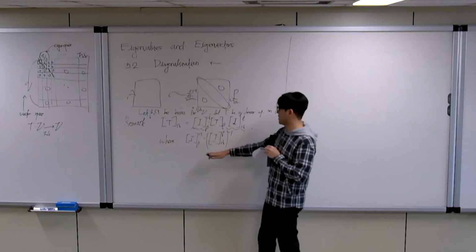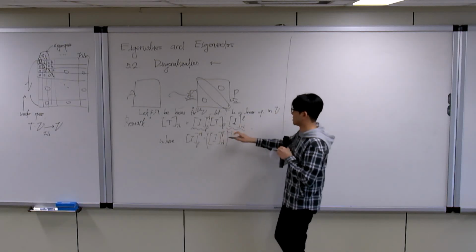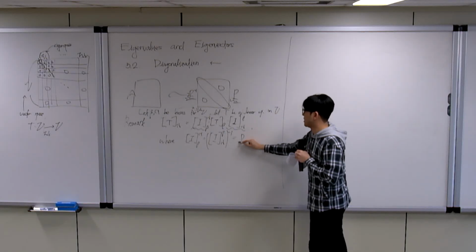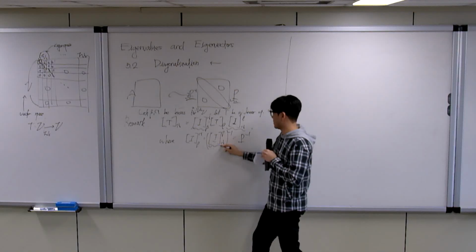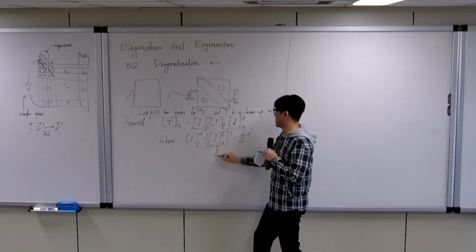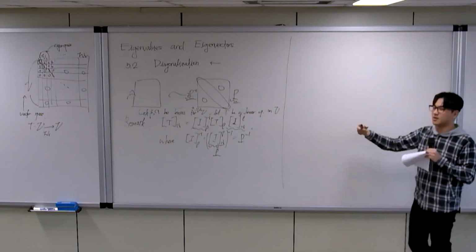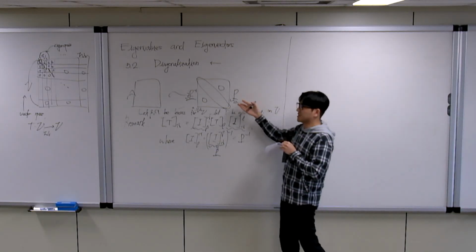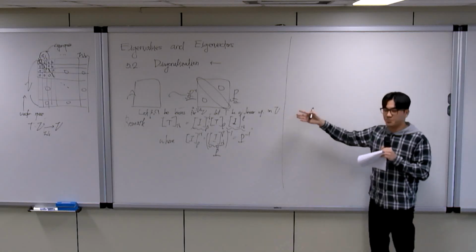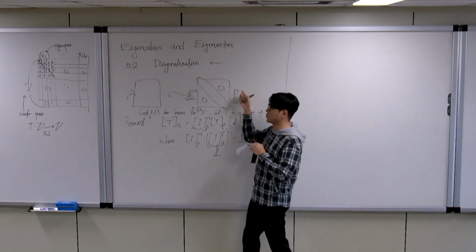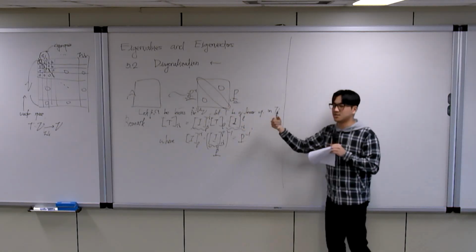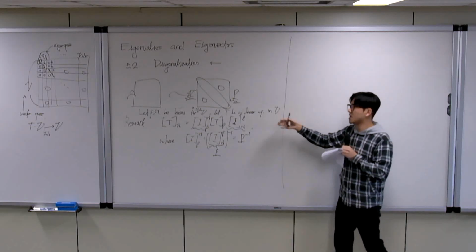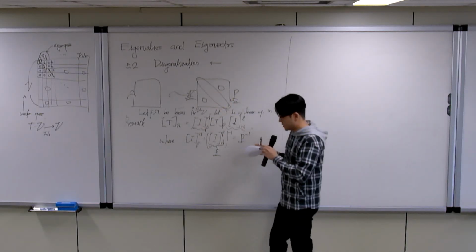So I wrote this expression as P inverse, and it is P. So the coordinate change matrix says we have an invertible matrix P, and this invertible matrix P will change the basis.